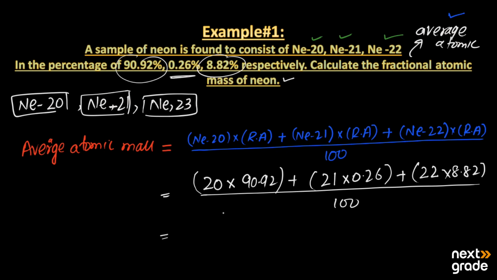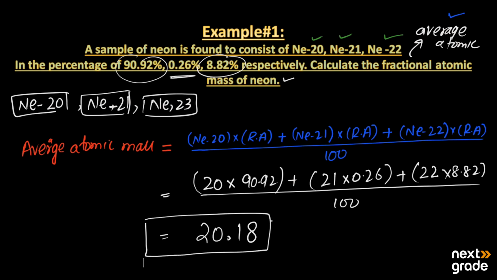So we get the average atomic mass of neon as 20.18. To find the average atomic mass of any element, we need to know its relative abundance and its mass number in AMU. So this is a simple way to find the average atomic mass.